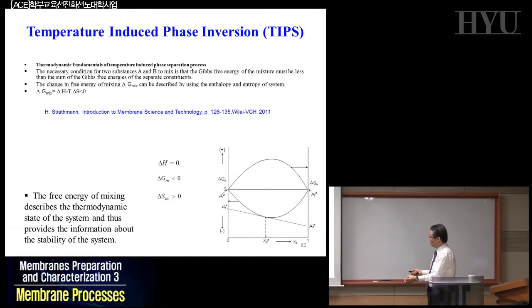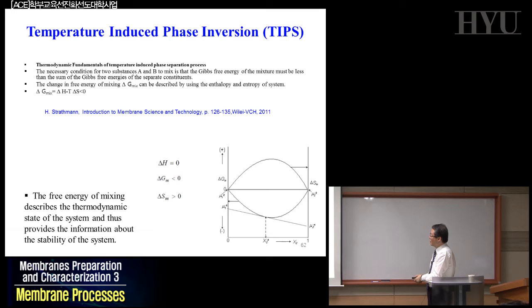When we take a look at this line, this is the chemical potential, and the initial chemical potential will be mu1 0, and mu2 0 for component 2. For component 1, this is the chemical potential, and this chemical potential as well.